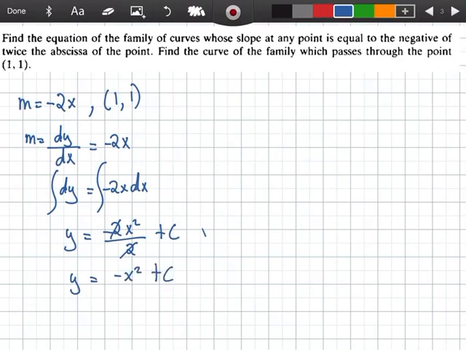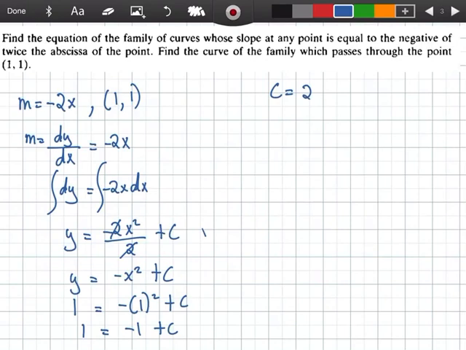For us to determine c, it says that the family of curves passes through the point 1, 1. So, if x is 1, y is 1. Let's substitute: if x is 1, y is 1. So, 1 equals negative 1 plus c. That means c is equal to 2.